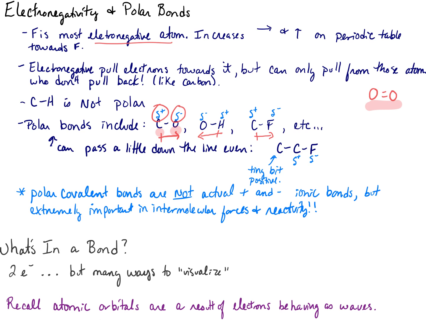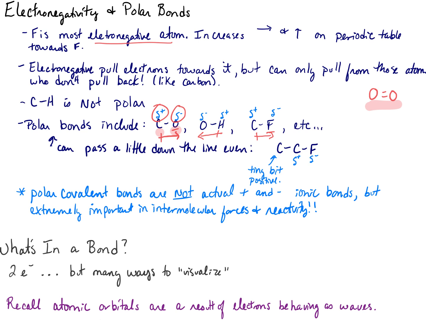Now, what I mean by it's relative, remember, fluorine is the most electronegative atom out there, so that might be more polar than a CO bond. But that may not be as polar as a C double O bond. It depends on the situation. So these are all kind of relative, and we have to keep these things in mind as we go through. Okay.